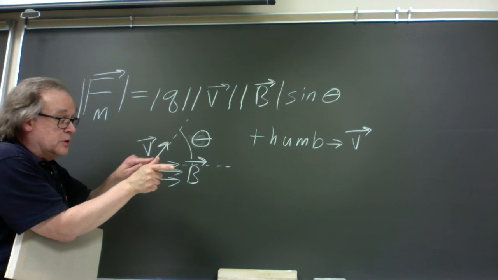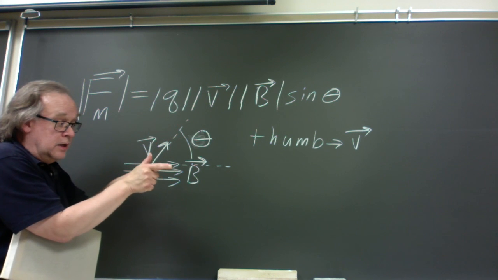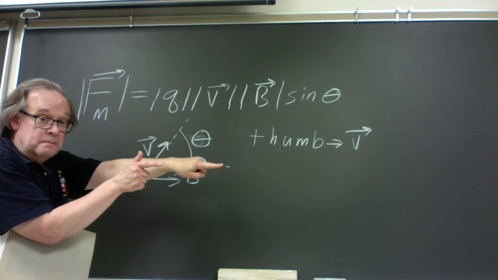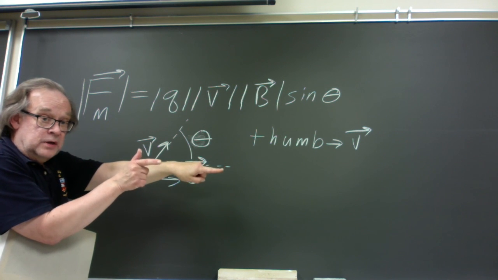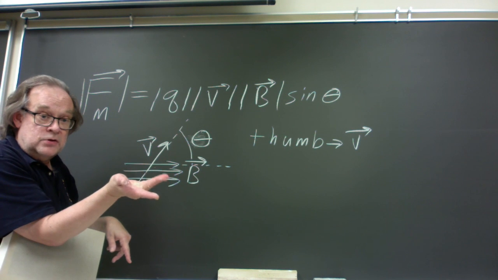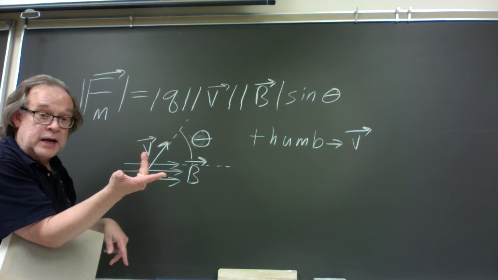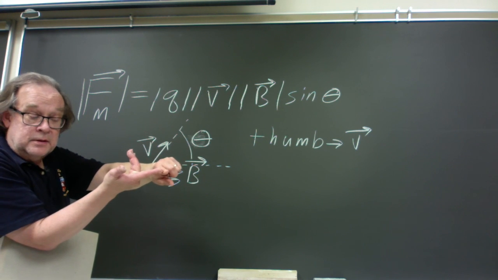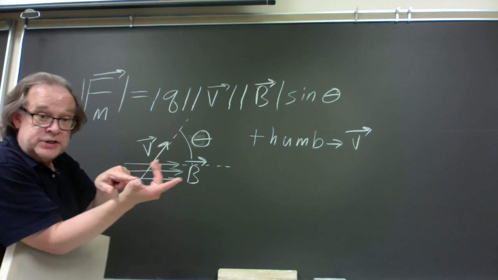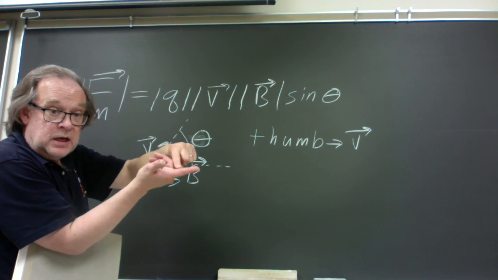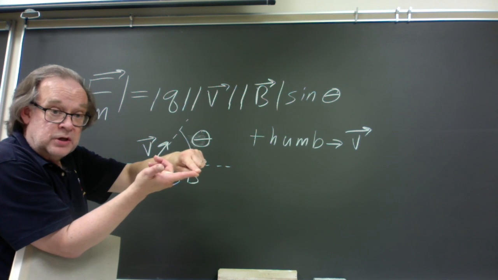So now I've got my thumb pointing up this way and index finger in direction of the field. Then take your other three fingers and rotate them so that they're now perpendicular to the thumb and the index finger. In other words, perpendicular to the direction of the velocity and perpendicular to the direction of the field.